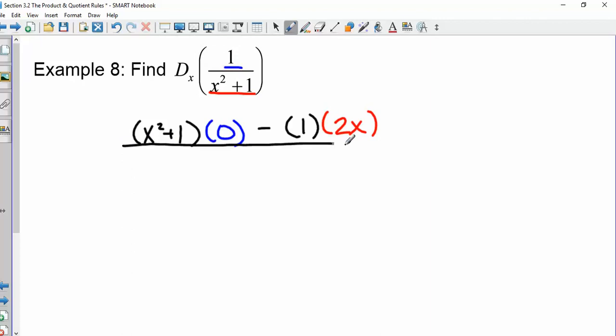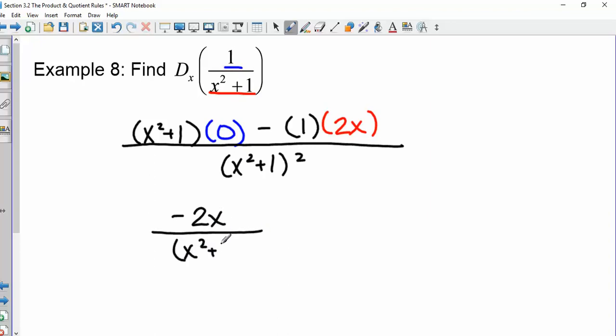All over low squared. So anything times 0 disappears, so we just get negative 2x over x squared plus 1 squared.